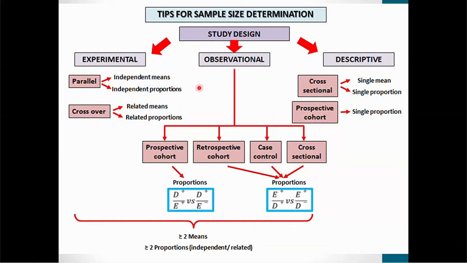You have a single mean, two or more means. Proportion is the same thing. Those are the three things you need to know. I introduced you already in the introduction that day: what is numerical, what is categorical. Numerical, you report in means; categorical, in terms of proportion.